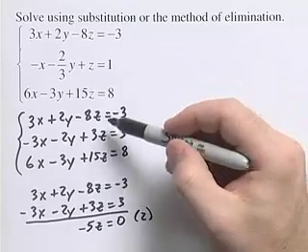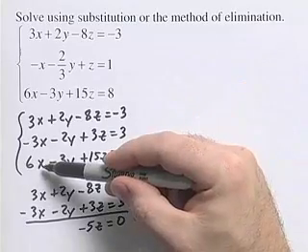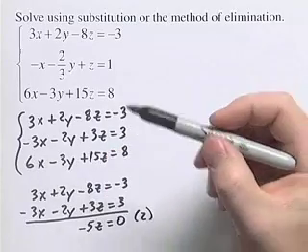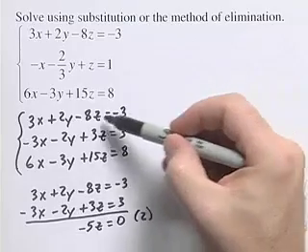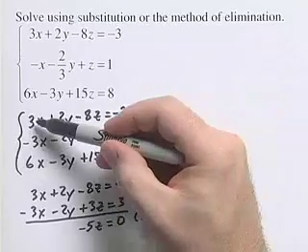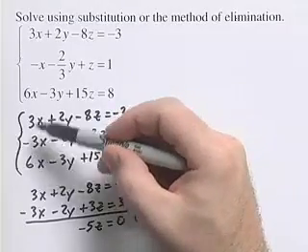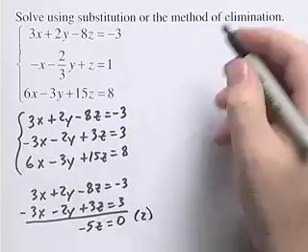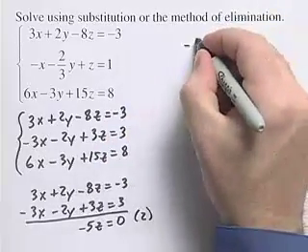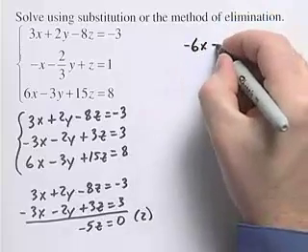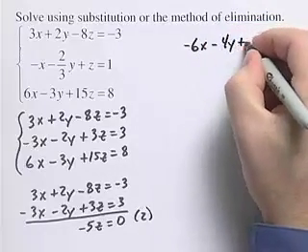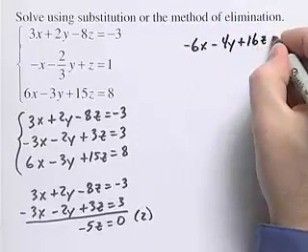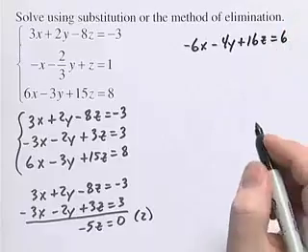Next thing we'd like to do is eliminate the variable x from the third equation. To do that, we're going to multiply our first equation by negative 2. That'll give us coefficients on x that have opposite signs but the same absolute value. If we multiply by negative 2, we'll get negative 6x minus 4y plus 16z equals 6.